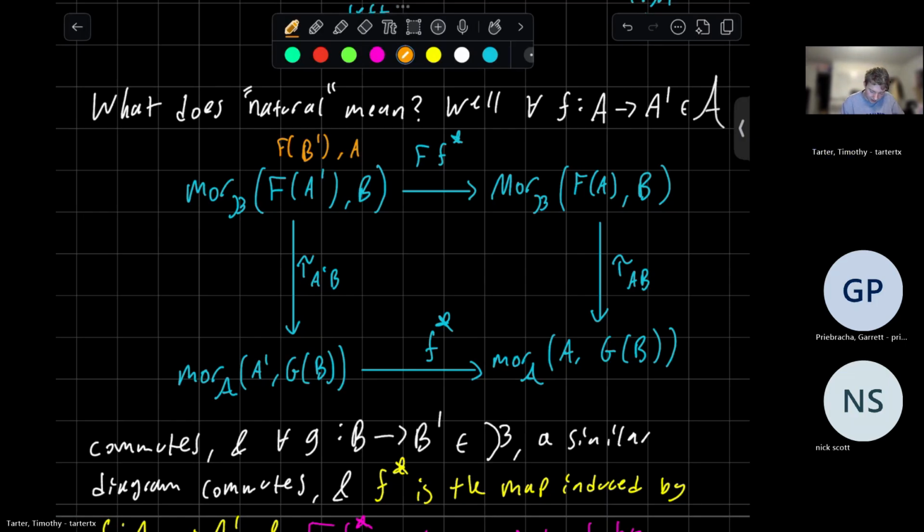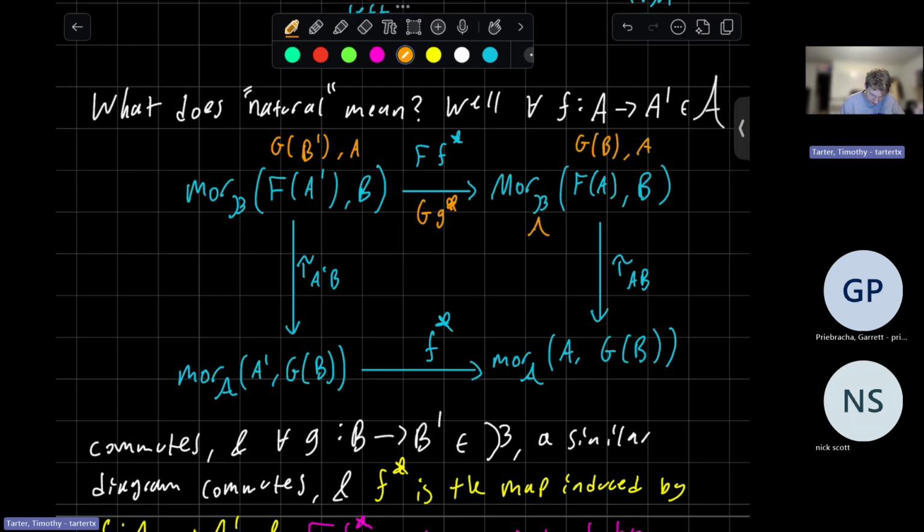Instead of this, it's going to be G, maybe G star. And then it's not going to be this, it's going to be G. G of B, G, B comma A. This is going to be script A here.